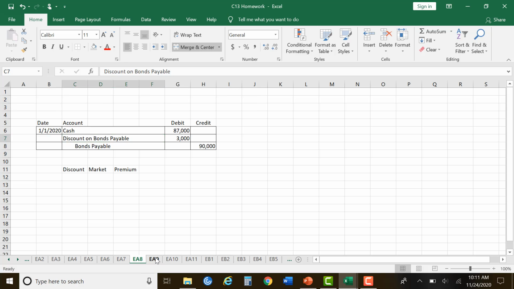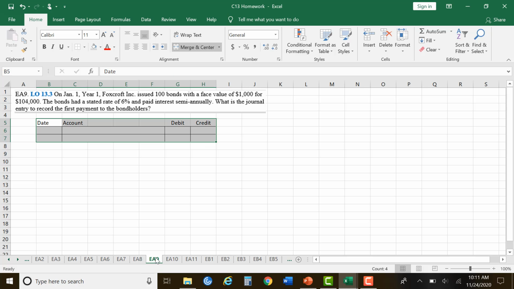Okay, then 9. For 9, we have, on January 1, year 1, Foxcraft issued 100 bonds with a face value of $1,000 for $104,000. The bond has a stated rate of 6%, paid interest semi-annually. What is the journal entry to record the first payment to bondholders?